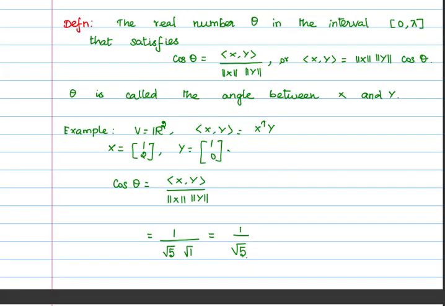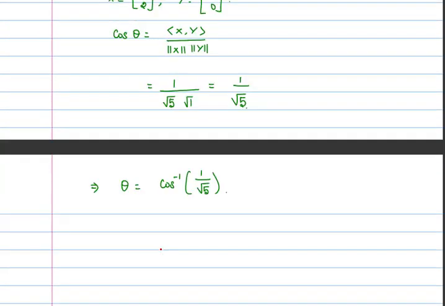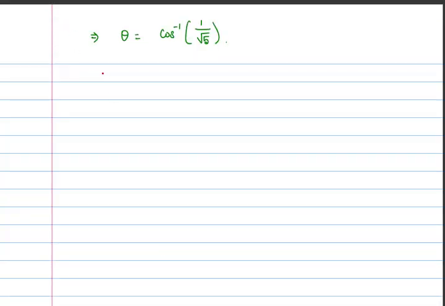Now I want to check something. If the inner product changes, the cos theta will also change. It is the same vector, but I define the inner product in a different way. Suppose I define the inner product x comma y as 2 times x1 y1 plus 3 times x2 y2. Then cos theta equals the inner product of x comma y divided by the norm of x times the norm of y.